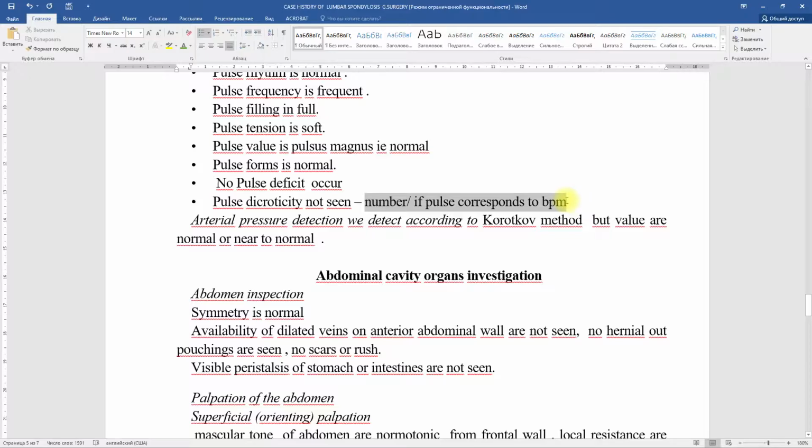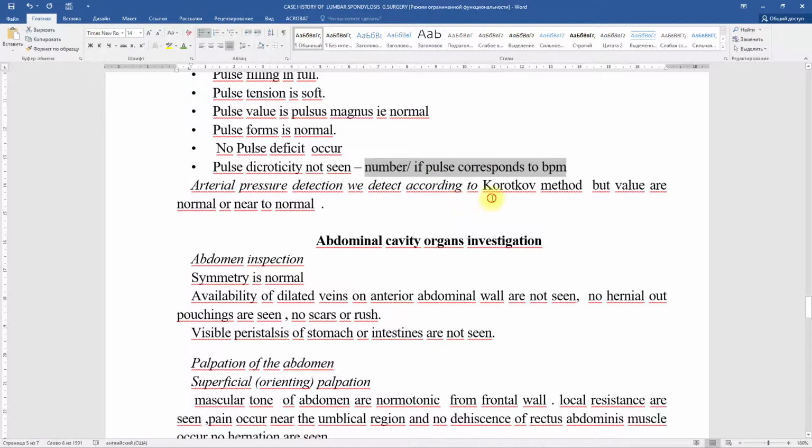This is also a very important part that you have to notice here. Value, what number, the systolic pressure, you have to mention it here.